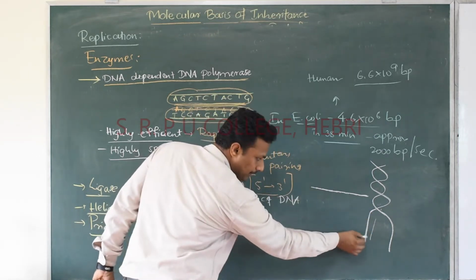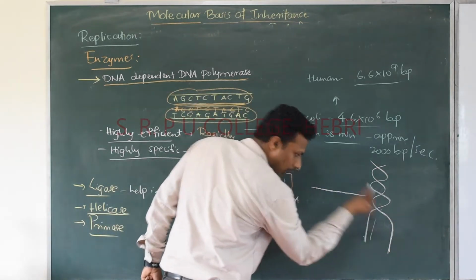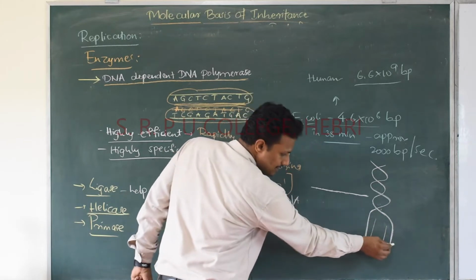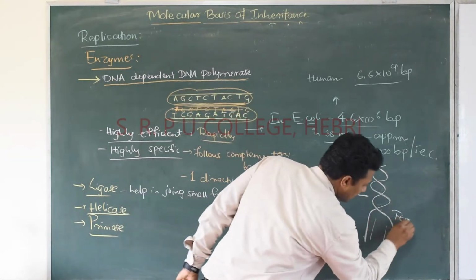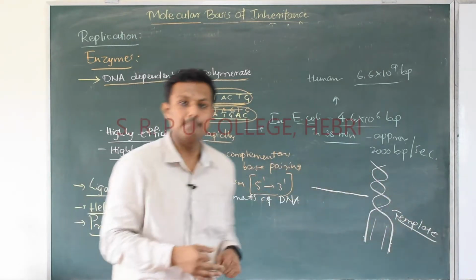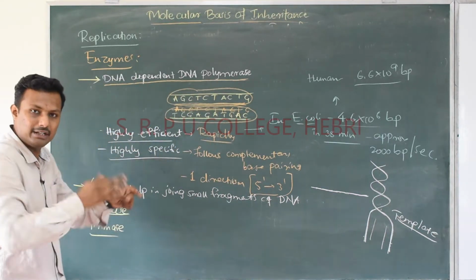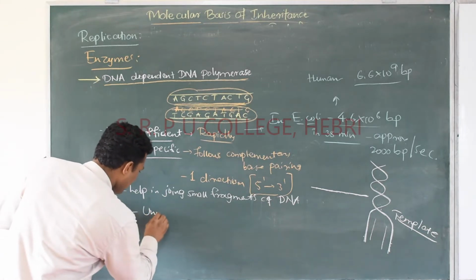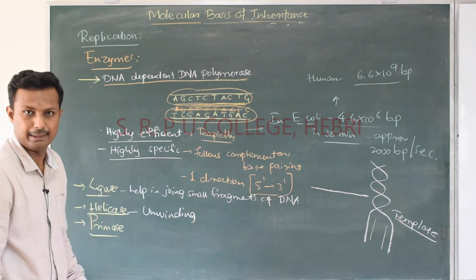So this will become the template to this new DNA strand. Similarly, this strand also will help in the synthesis of this new strand. So in order to have open template strands, the unwinding of the helix has to happen. Unwinding means opening up of the helix, and it will be catalyzed by the enzyme called helicase.